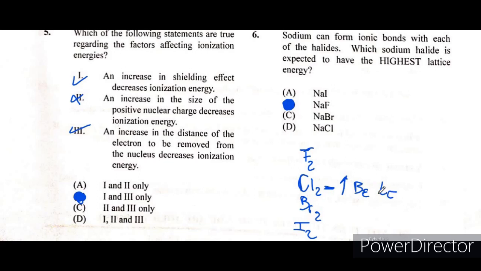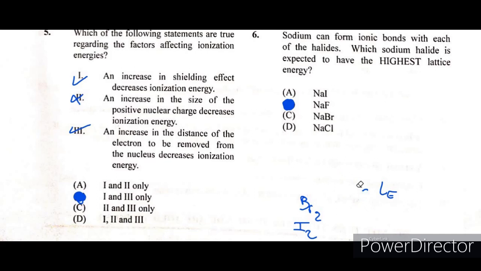This is because the fluorine atoms are small. When they're bonded, there will be a great electron repulsion, forcing the fluorine atoms away from each other, so it would require less energy to break the bonds there than for the chlorine.